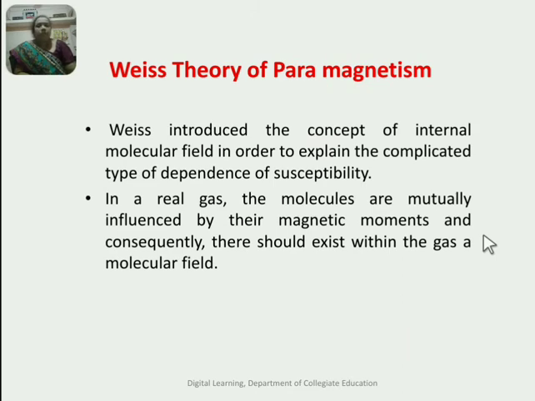Now we will discuss Weiss theory of paramagnetism. As we already studied the Langevin classical theory of paramagnetism, but this Langevin theory fails to explain the complicated type of dependence of susceptibility upon temperature.